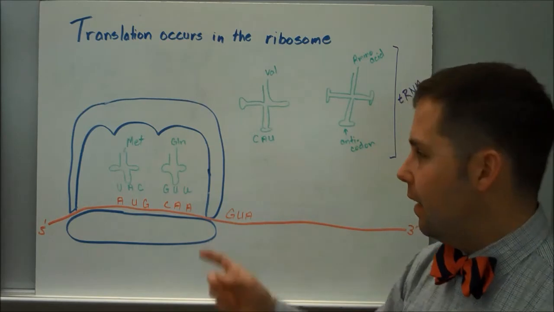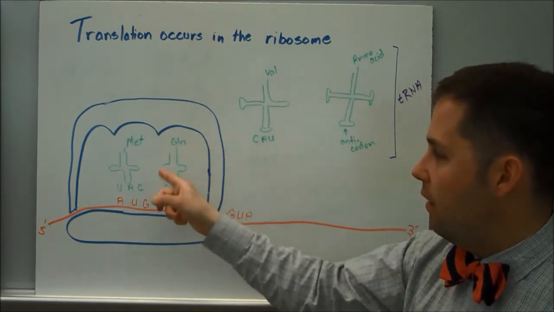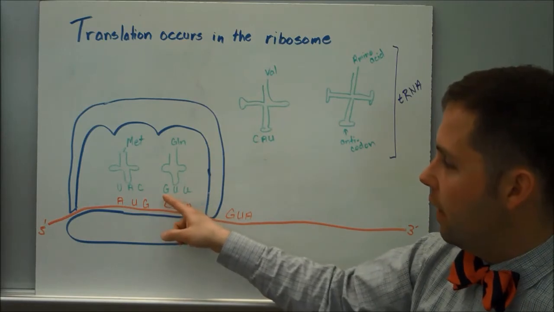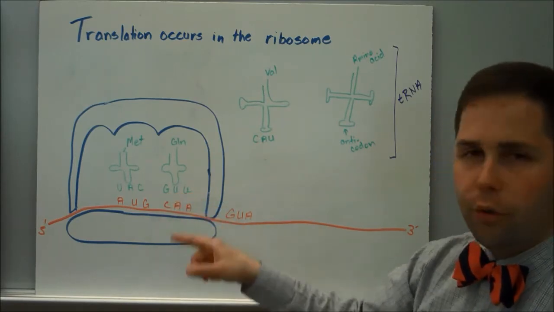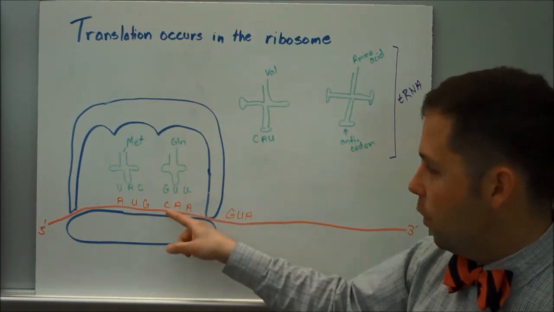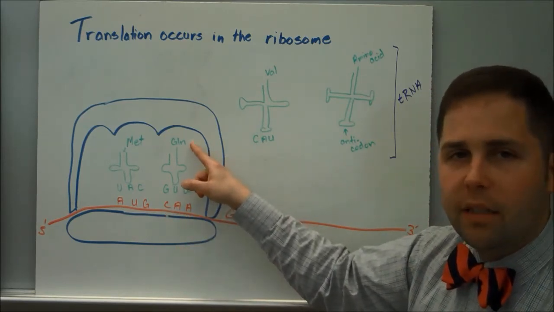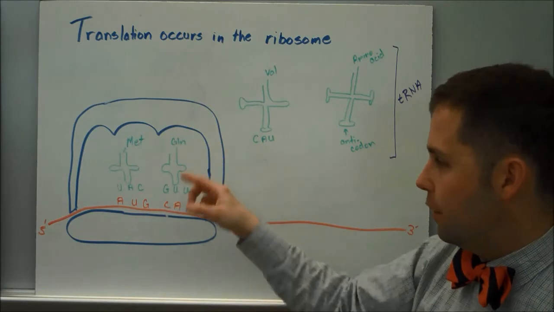As we proceed, another tRNA will come into the ribosome. This tRNA now has the anticodon GUU, which binds to our codon CAA and happens to bring the amino acid glutamine into the ribosome.